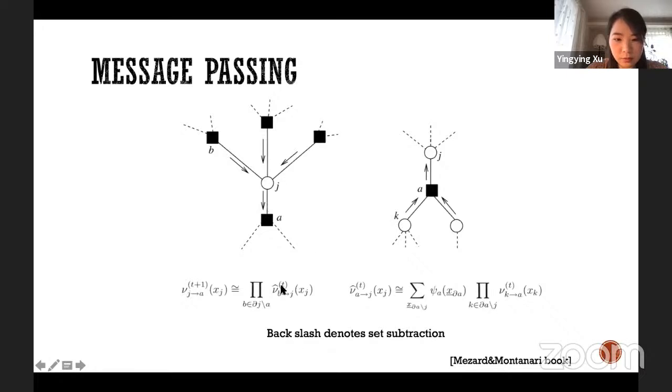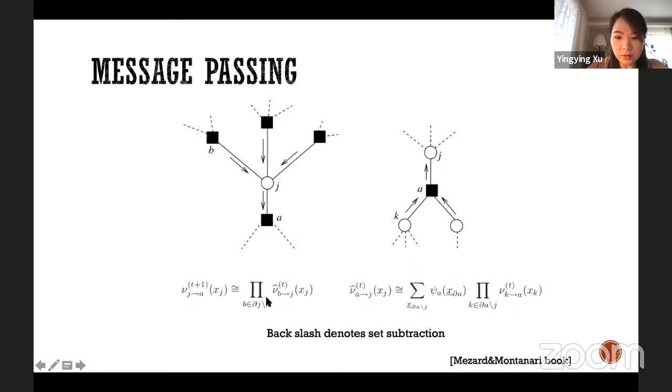And these are all represented by previous messages. And the message from A to J is represented by all the messages coming to A, removing the part of J, and also a summation over the variables, not taking the value of J, on the function phi. So it looks very complicated.